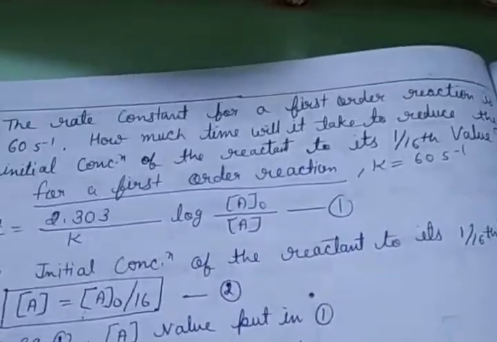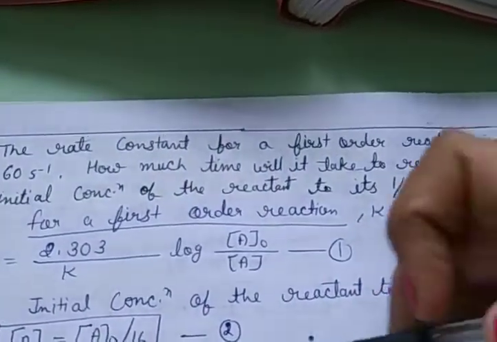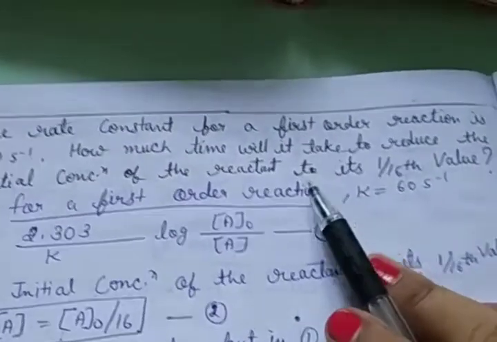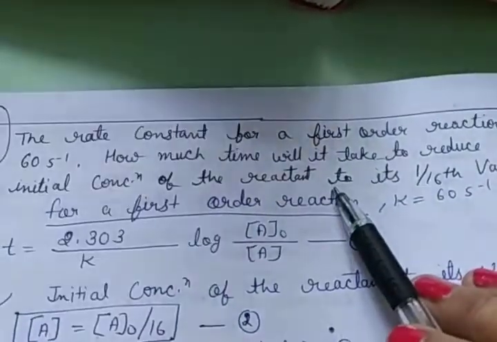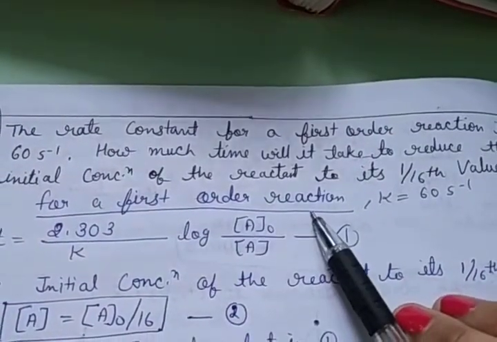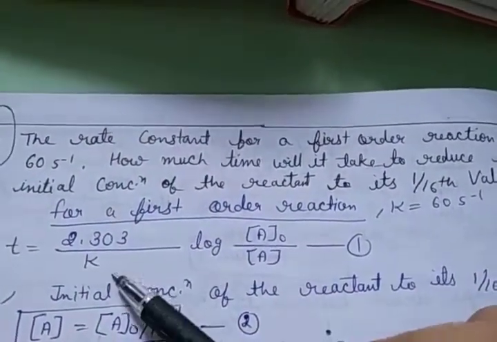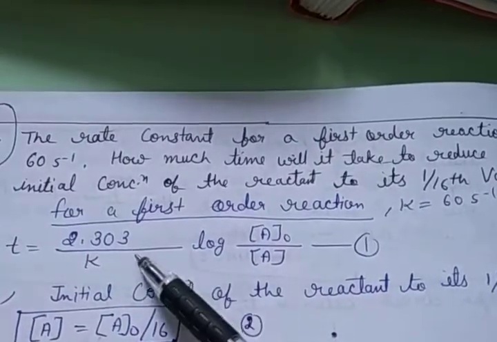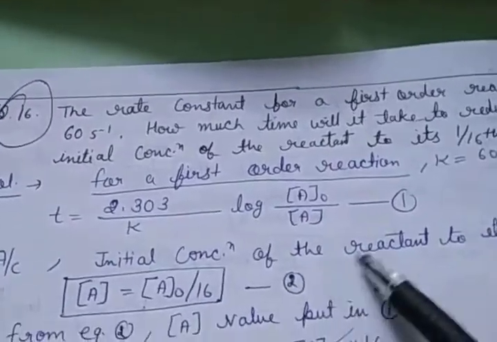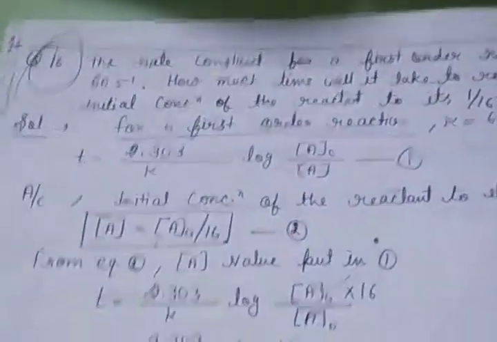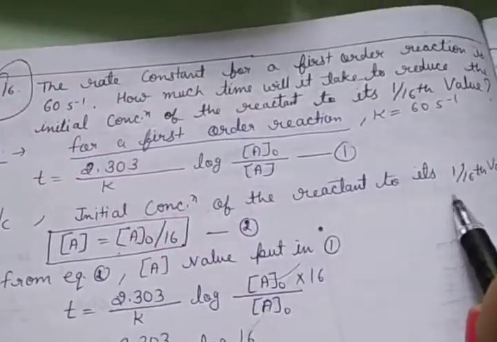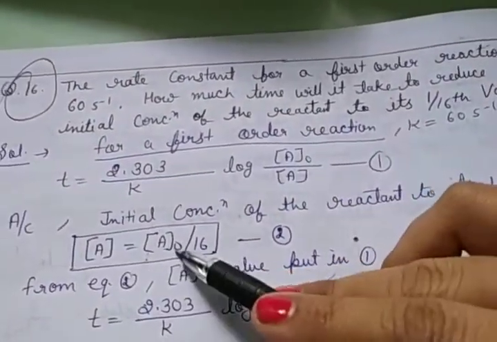For a first order reaction, the formula is t is equal to 2.303 divided by k log A naught upon A. According to the question, the concentration is reduced to 1/16th value, so A is equal to A naught upon 16. This is the second equation.